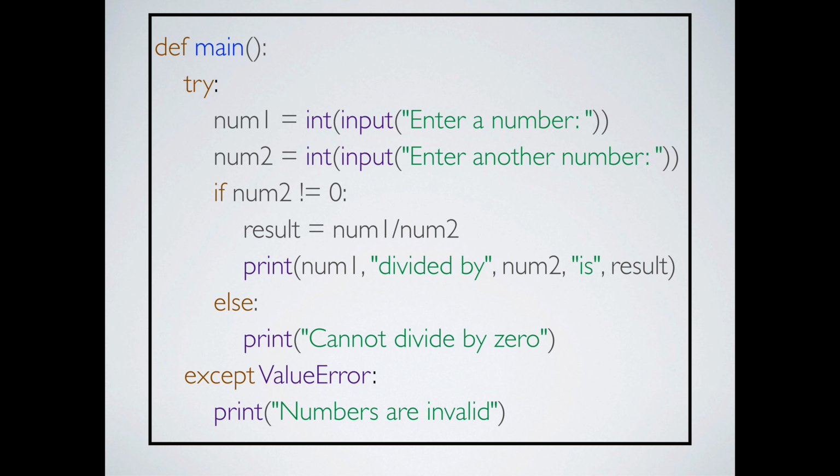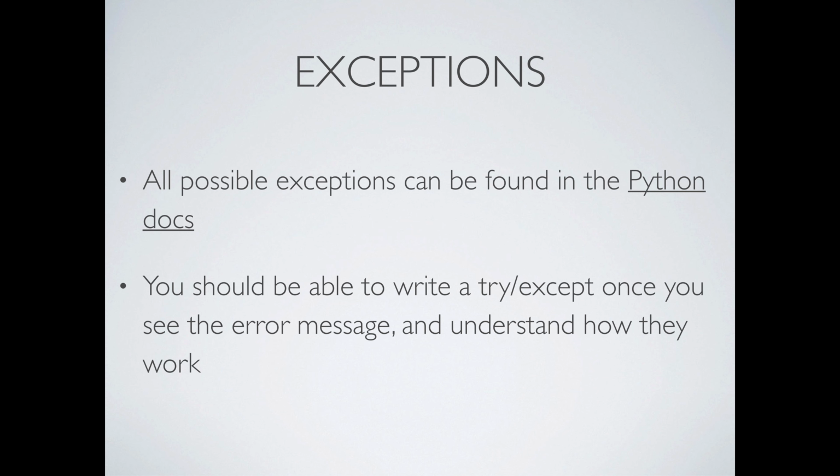A couple of things that I do want to point out in this previous example: the exception that we were dealing with was a ValueError. All possible exceptions that you could potentially have come up are listed in the Python docs. There is a link on Canvas to the Python docs with all the exceptions in it. That said, I am not going to expect you to memorize all the different exceptions.